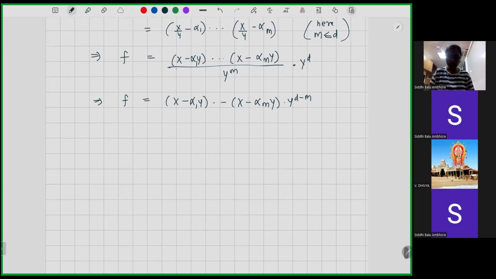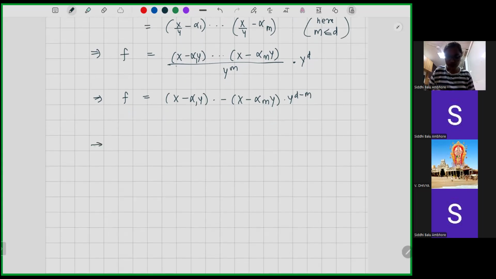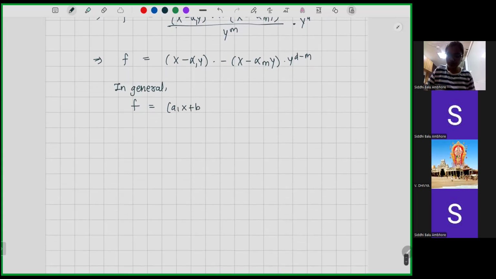So in general, f is therefore of the form a1x plus b1y, a2x plus b2y, and so on, up to akx plus bky. Instead of writing this, I'm just writing it in the general form.